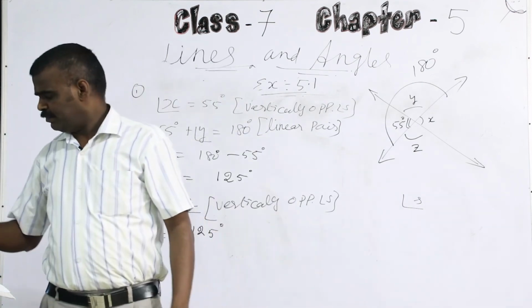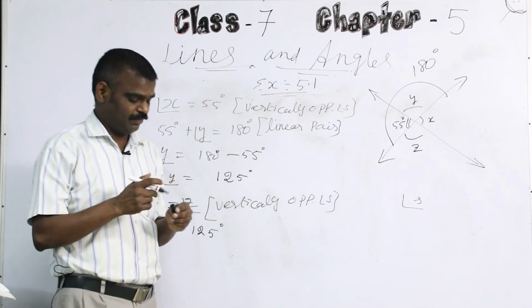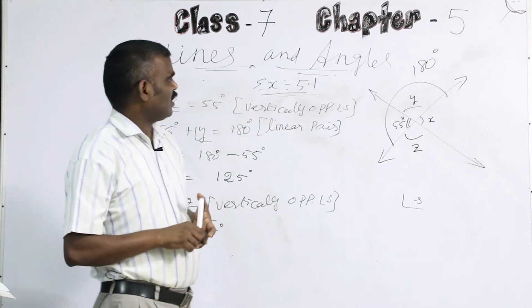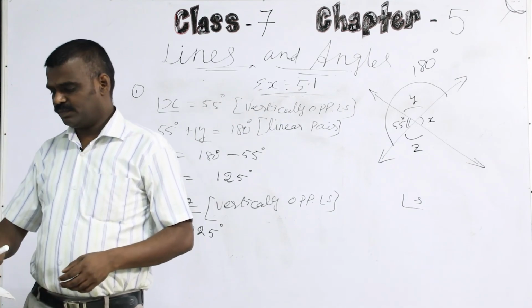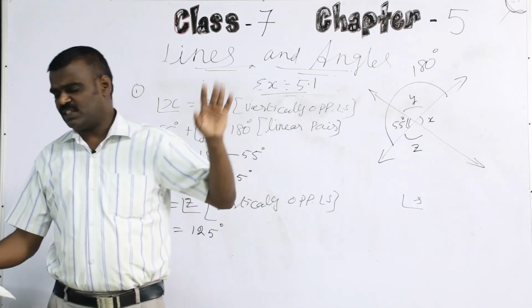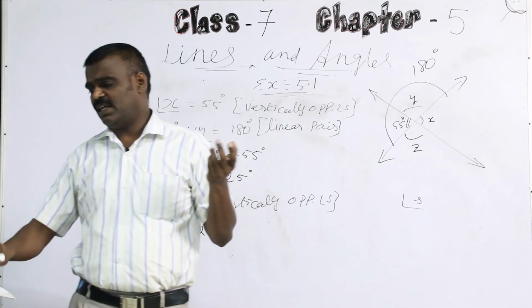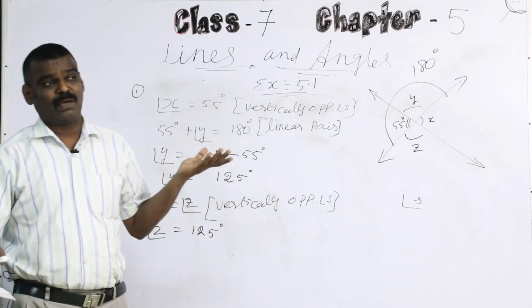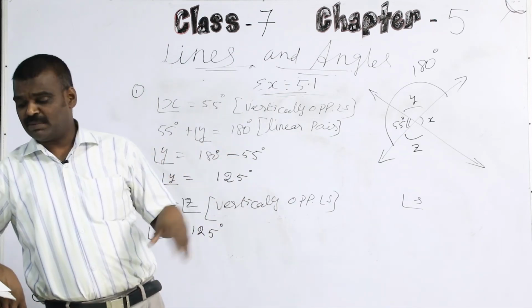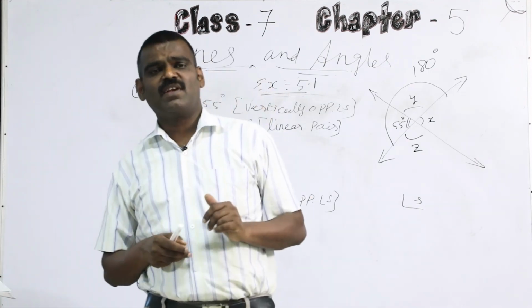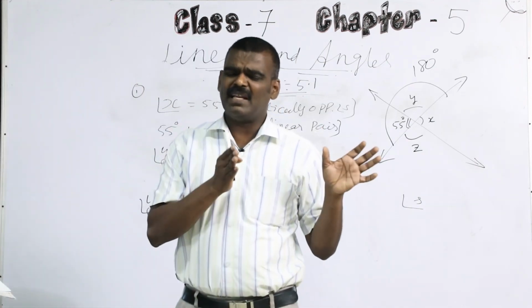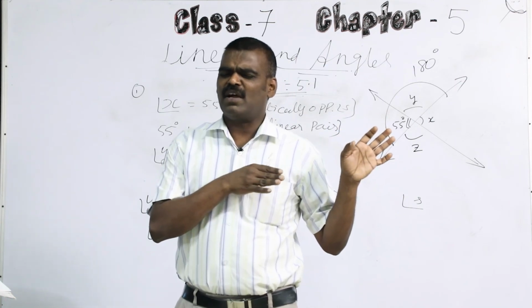Children, for this period, what have we learned? Suppose an angle is given and you are asked to find its supplement or complement, we have learned that. We have also learned, when a pair of angles is given, how to find out whether it is a supplementary or complementary pair.